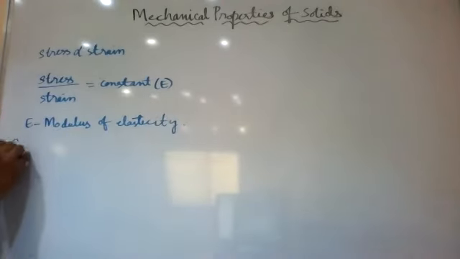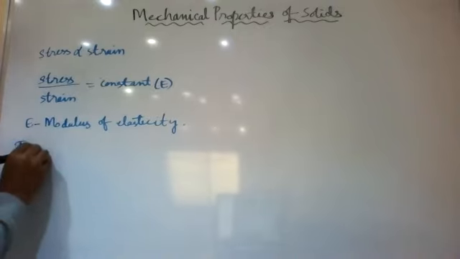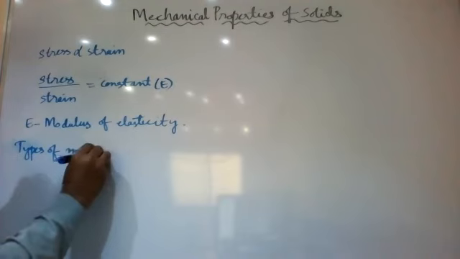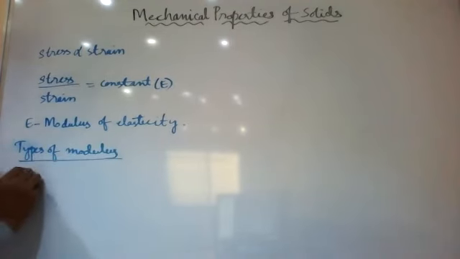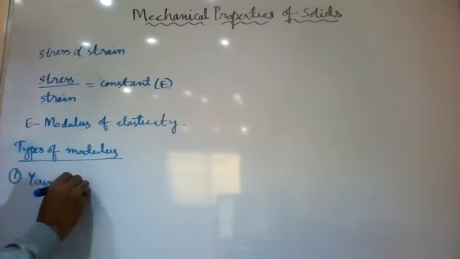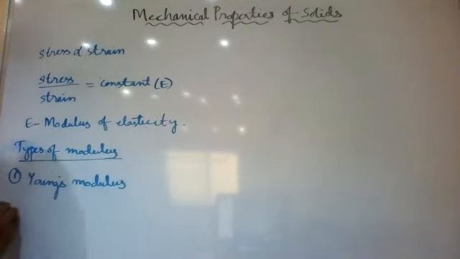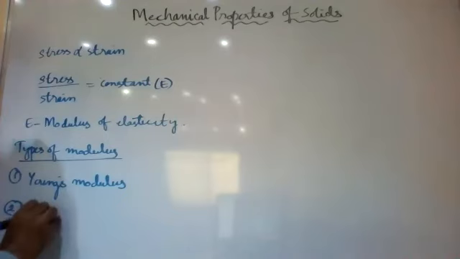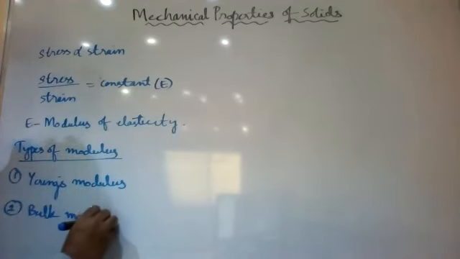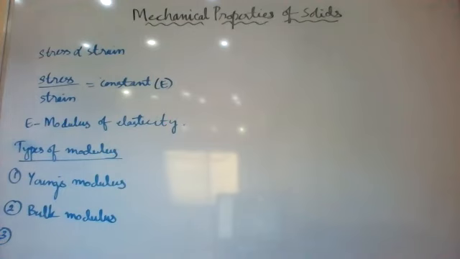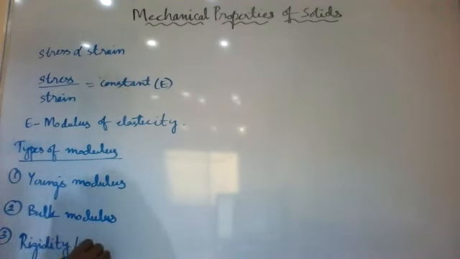So the first one we'll discuss. There are three types of modulus. The first one is Young's modulus, the second one is bulk modulus, and the third one is modulus of rigidity, or shear modulus.